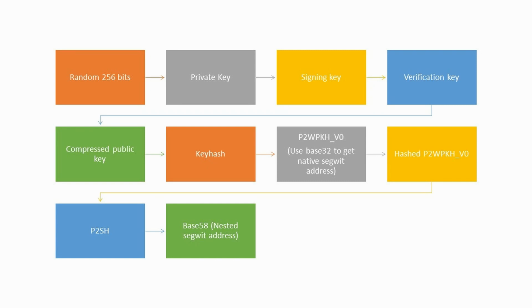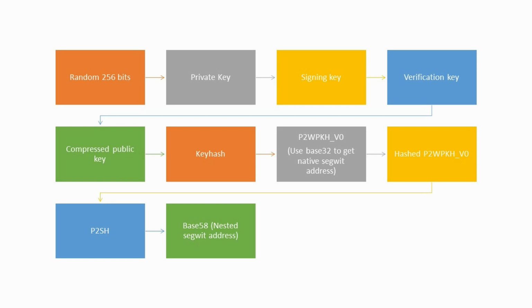Okay, so that was it for this part of the tutorial. We got both types of scripts, and now it is time to turn those scripts into the actual address, something that we can actually send or receive from a third party and expect that third party to know what to do with it.